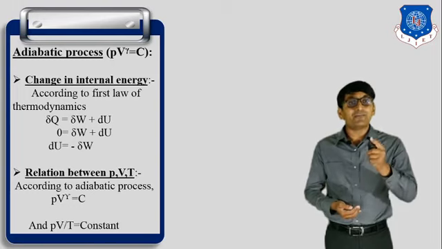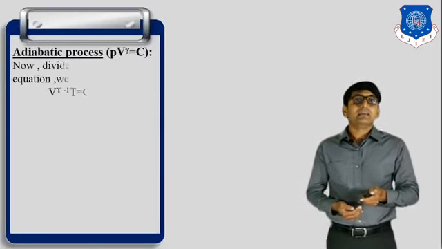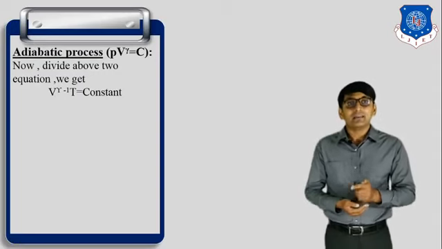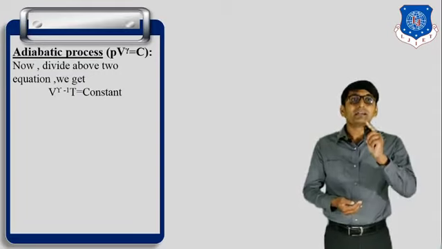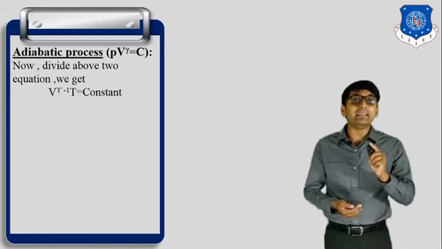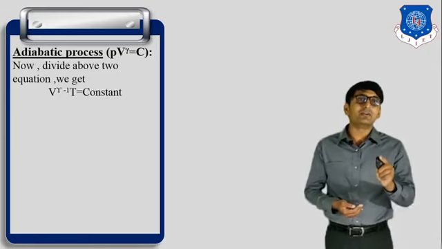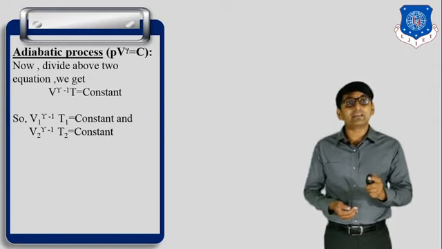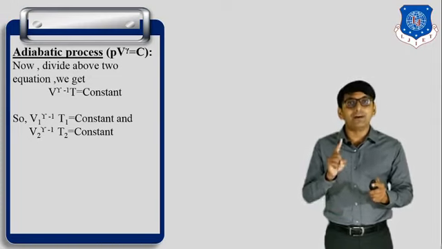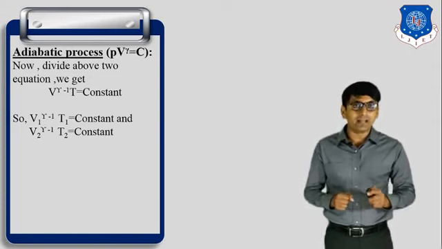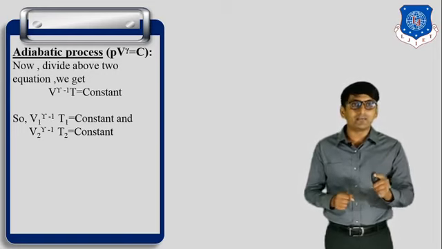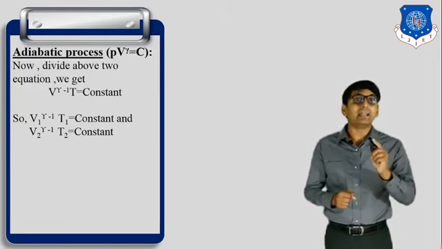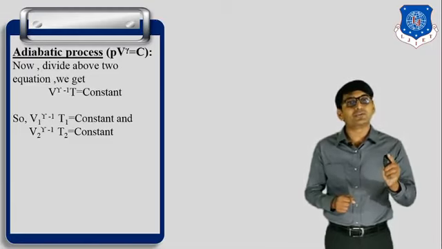Now, if we divide these two equations, we get V raised to gamma minus 1 times T is equal to a constant. If we write this equation for state 1, then V1 raised to gamma minus 1 times T1 is equal to C, and V2 raised to gamma minus 1 times T2 is equal to C.